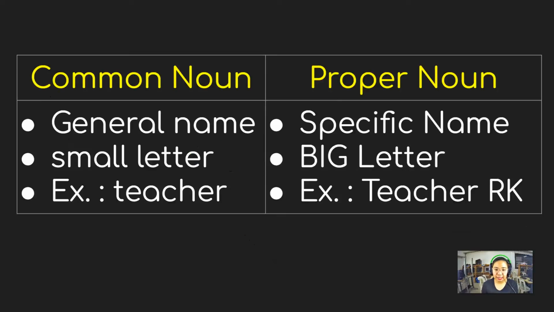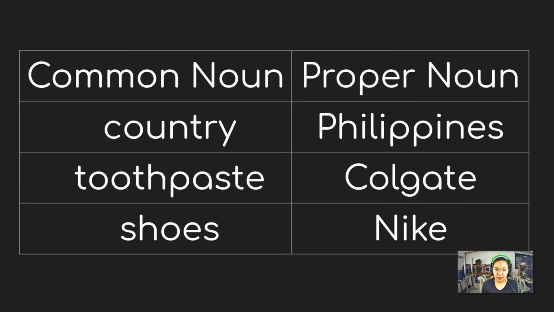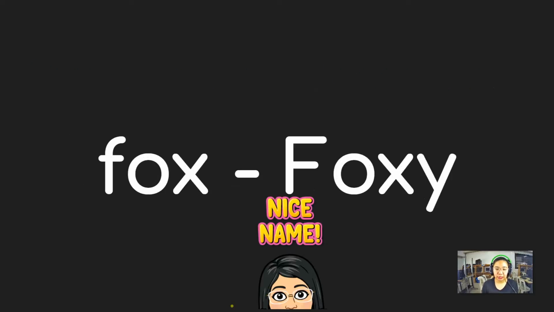Okay, let us have here a table showing the difference between the two, common noun and proper noun. For common noun, these are general names, and for proper noun, these are specific names. For common noun, small letter only, and for proper noun, big letter. Earlier, I've shown you this.